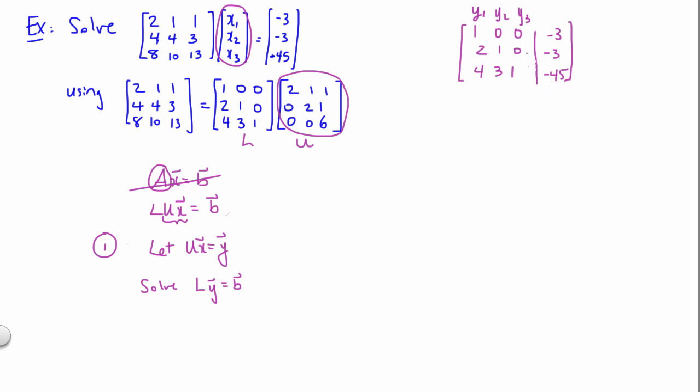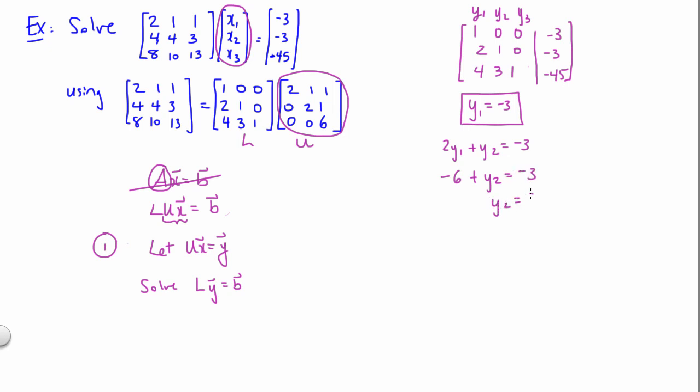Now, taking a look at this system here, certainly easiest to start solving from the top. The top row says that y1 equals -3, so I'll put a box around that. The middle row says that 2y1 plus y2 is equal to -3. And if we actually sub in the known value of -3 for y1, then we've really got -6 plus y2 equals -3.